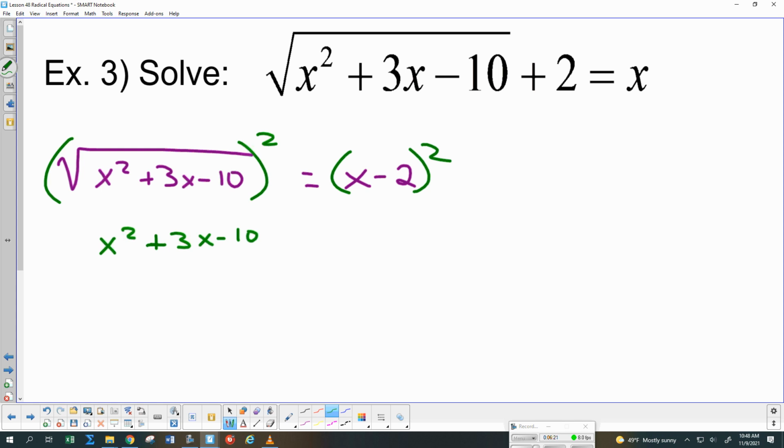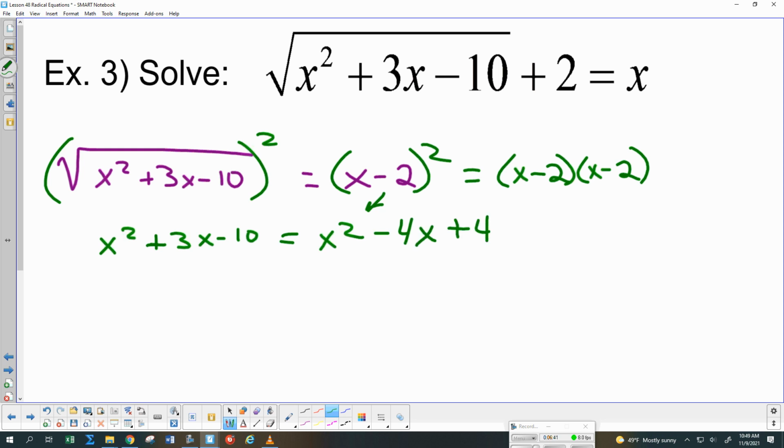But the right is x minus 2 times x minus 2. Some of you have memorized the shortcut, but it's x squared, and then 2 times what you get when you multiply these. So 2 times negative 2 times x is minus 4x, and then minus 2 times minus 2 is plus 4. If you want to make sure you're getting it right, FOIL it out: x squared minus 2x minus another 2x, minus 2 times minus 2 is plus 4.